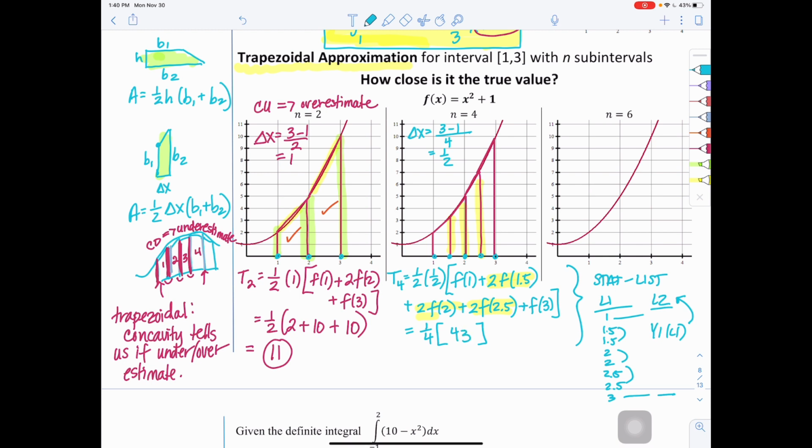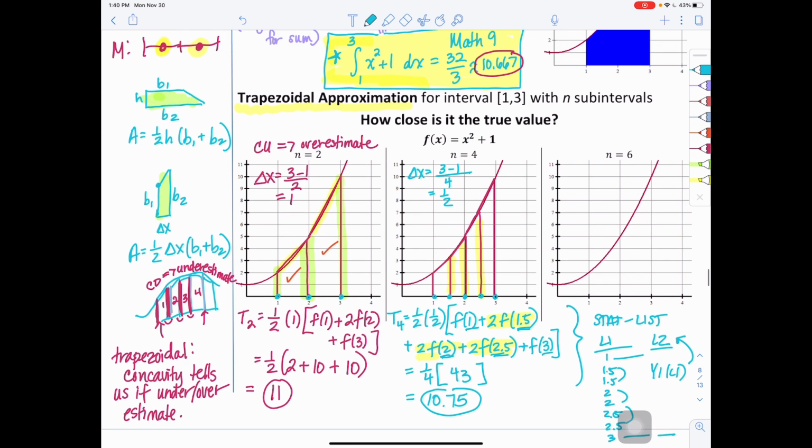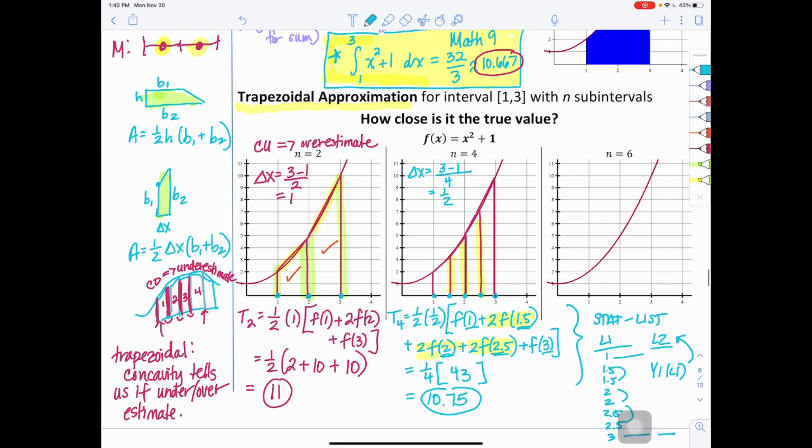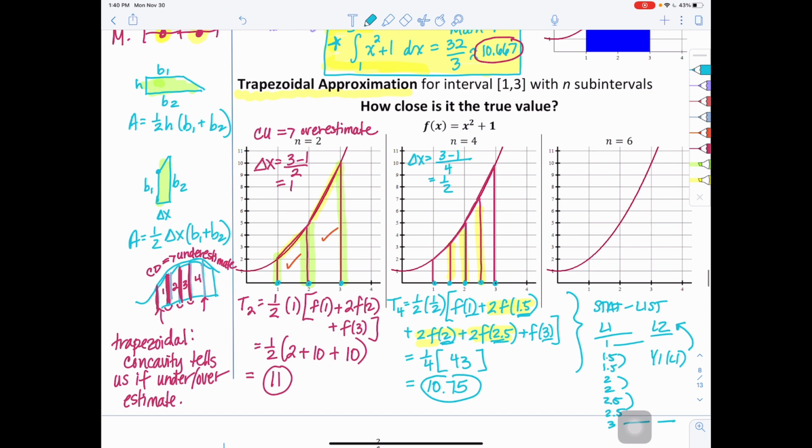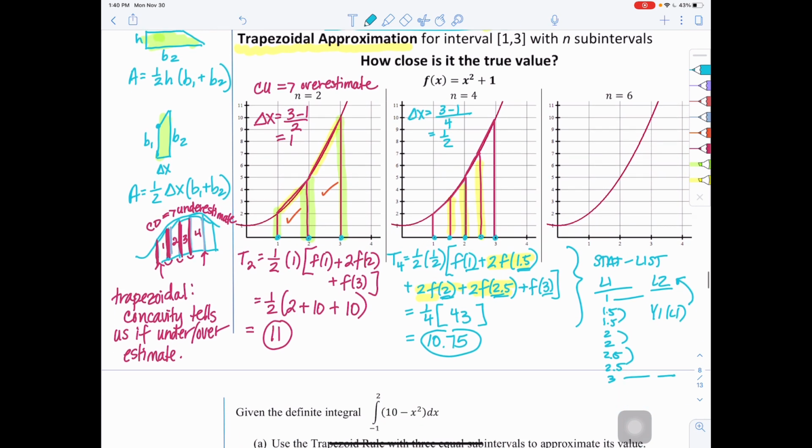So it's very, very easy. That's how I find it the easiest, is to just write down each one of these twice, and then one time with the 3 and one time with the 1. And I got 43. And when you divide that by 4, you get 10.75. So we are actually getting closer to that 10.667. Why? Because we're using more trapezoids.